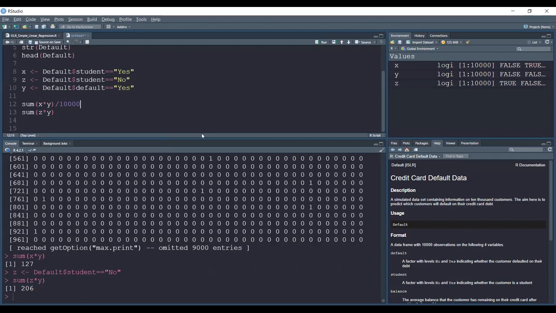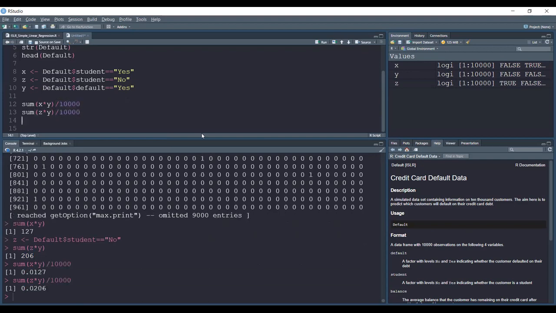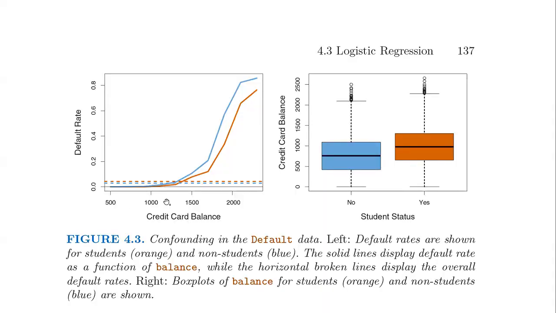If you want to look at it as a ratio, it's not quite twice as many, but 0.0127, these are the students, so you get like 1% and 2%. And that's what we have, these two lines.